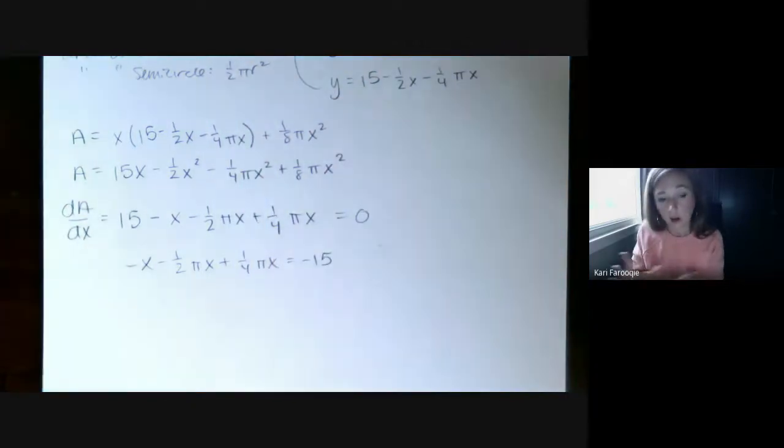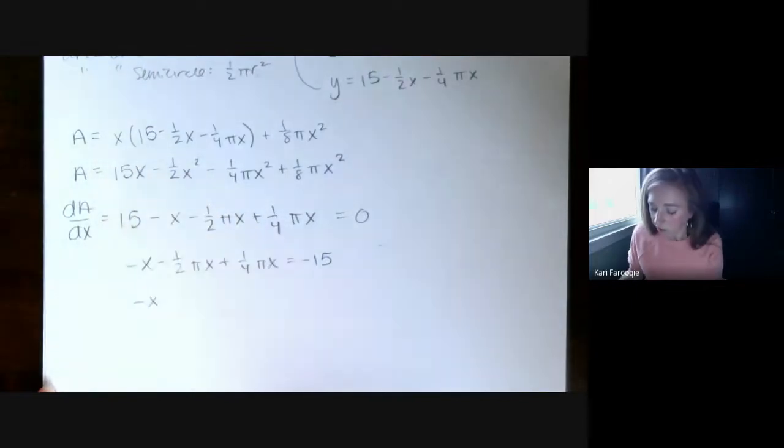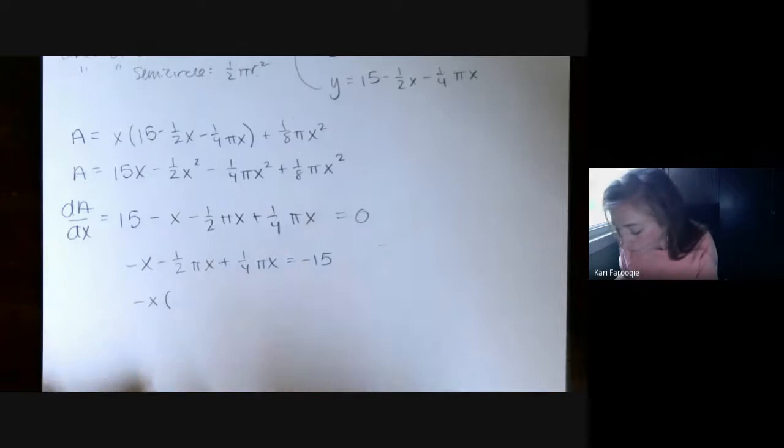And this is contrary to what I would normally do, which would be to leave everything positive if I can. Let's go ahead and take out the x's to solve for x. I'm going to take out a negative x, I guess. That's no good either. That's fine. We'll just leave it.